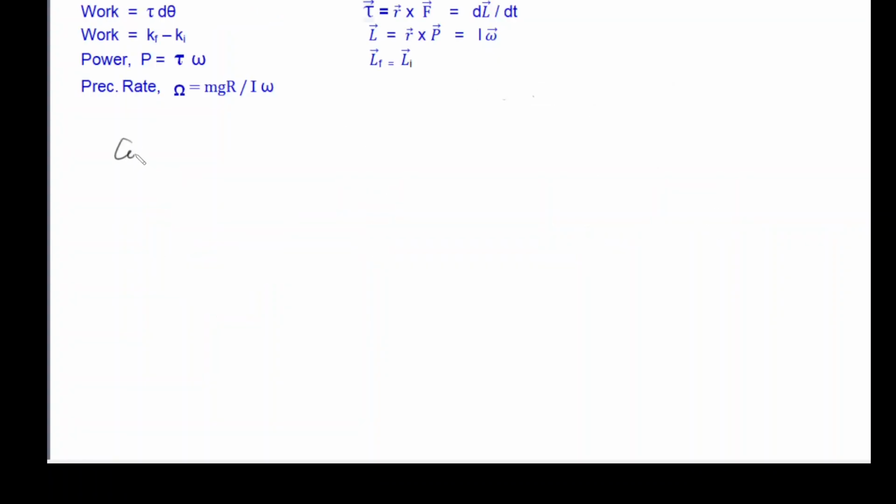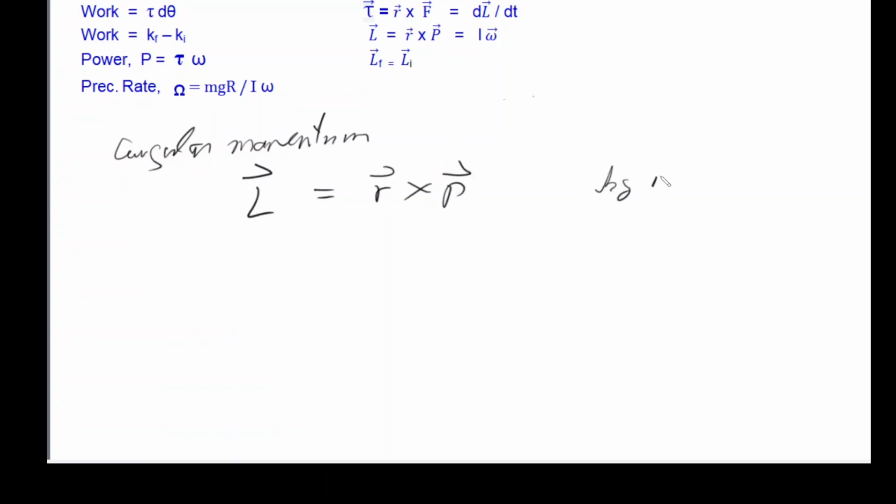We're now going to discuss angular momentum, and that's given by the letter L, and that's equal to R cross P. And the units are kilograms meters squared per second, or joules seconds. And the angular momentum is the equivalent of linear momentum, only for a rotational system.